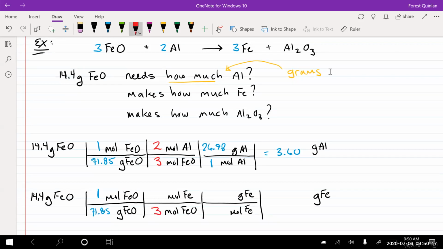Three. And irons? Three. We'll go back to the periodic table. So 1 mole is 55.85 grams. At the end of the day, that should give you 11.2 grams of iron.